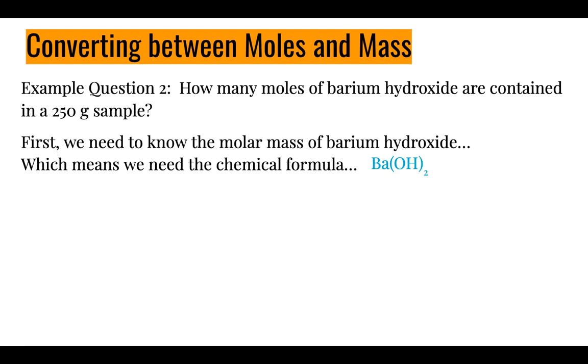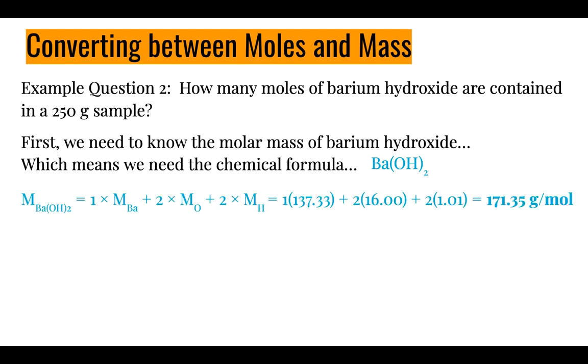Now that we have the chemical formula, we can calculate the molar mass by getting the molar mass of barium from the periodic table, and then we've got 2 times the molar mass of oxygen and 2 times the molar mass of hydrogen. When we combine all that together, we get a molar mass for barium hydroxide of 171.35 grams per mole.